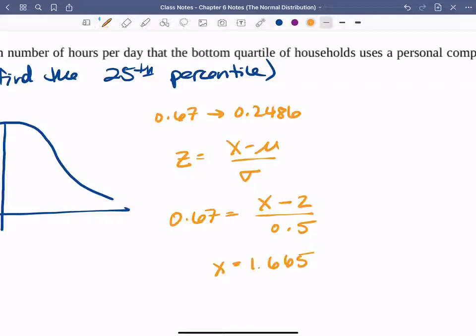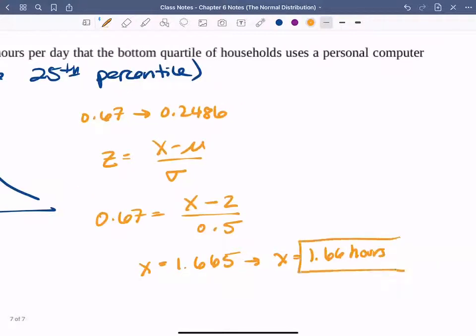But you might want to round up, but you don't round up because now you're skipping some. So what you're going to do is you round down. So x is actually 1.66 hours. So here is our answer. So remember, we have to round down here. Okay, and that concludes our chapter 6 of the normal distribution.